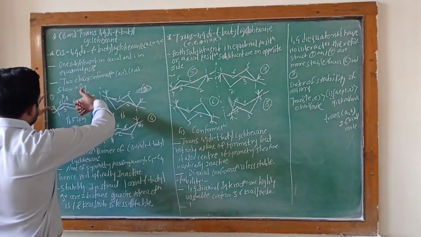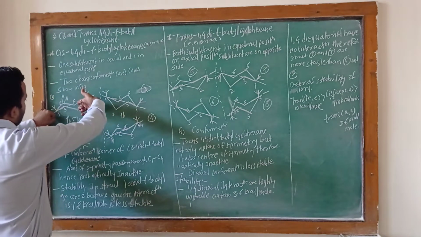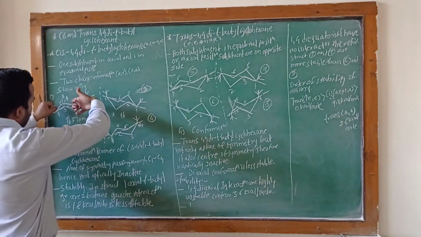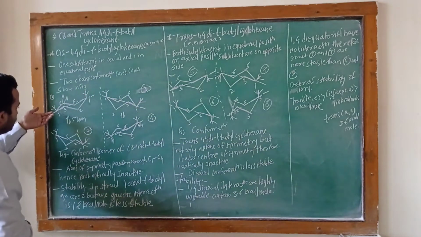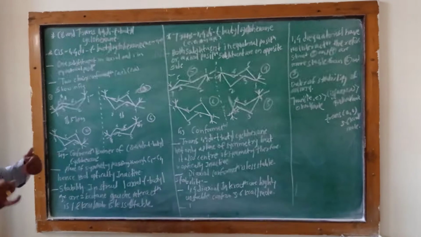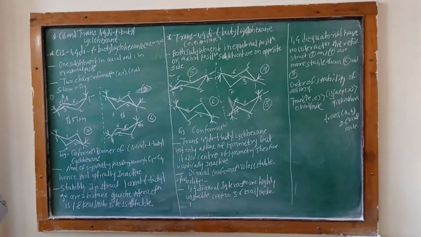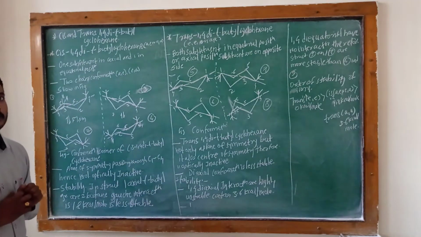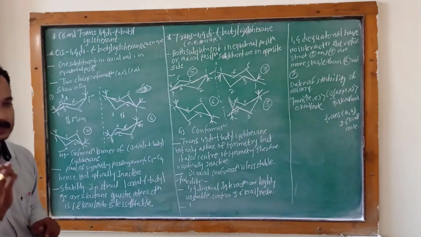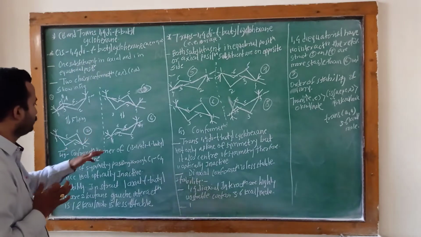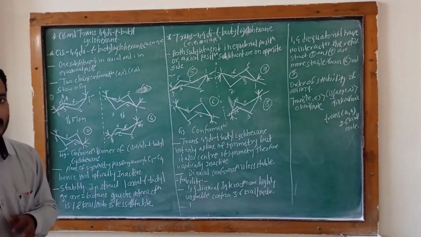We take the first structure, axial equatorial, and flip it. Look at the fourth position, which is equatorial; you have to flip it.